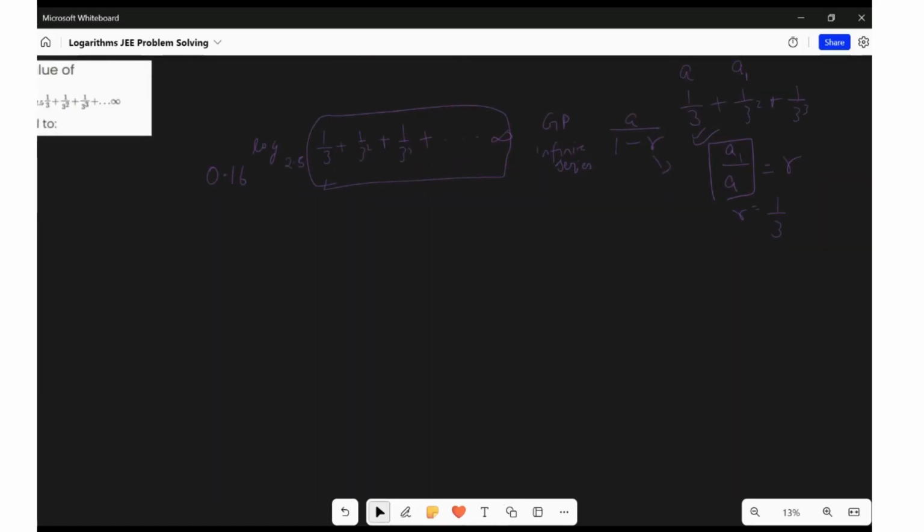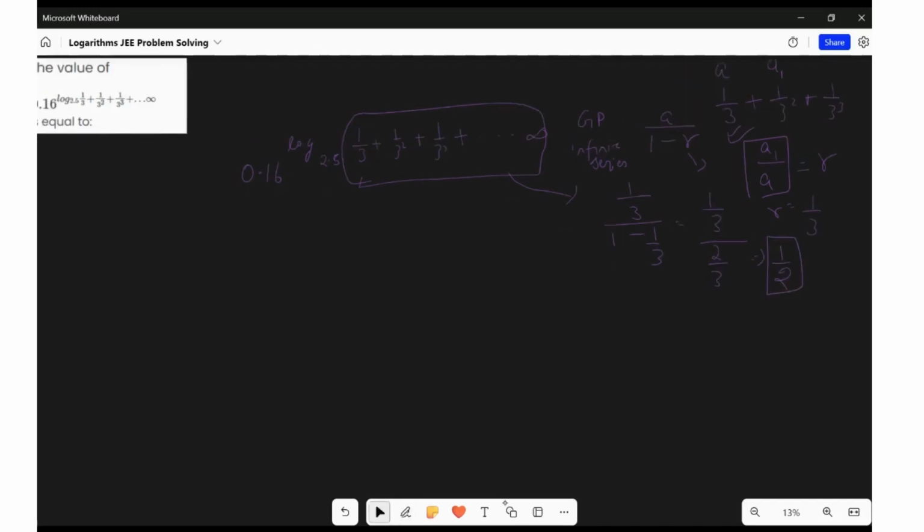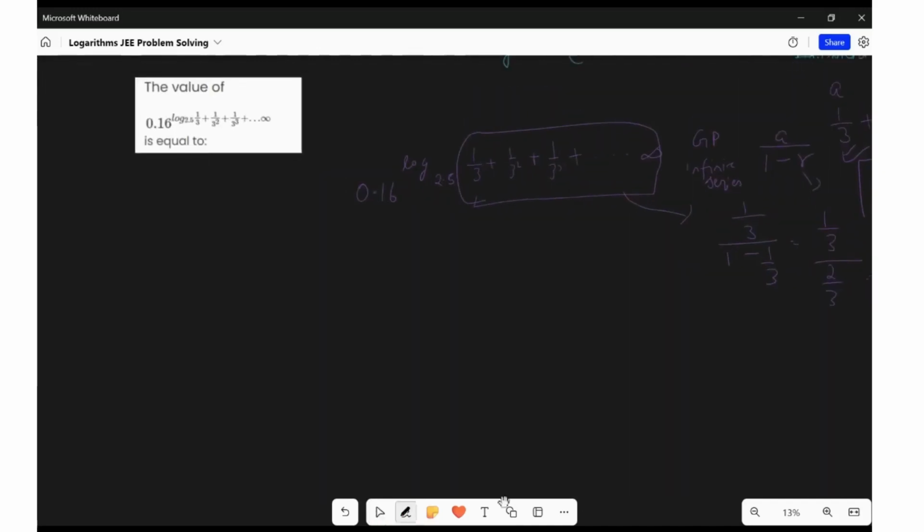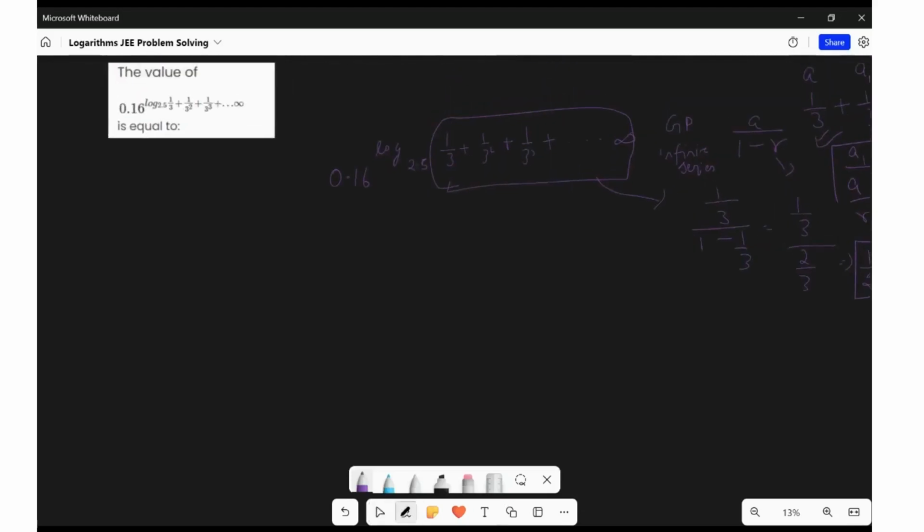So the solution for this can be 1 by 3 by 1 minus 1 by 3, which is 2 by 3, so it's 1 by 2. So we have simplified the series. The main part of the question was to just simplify the series.